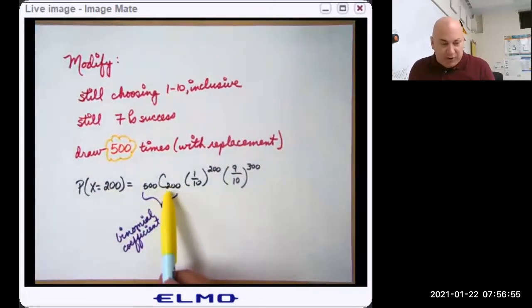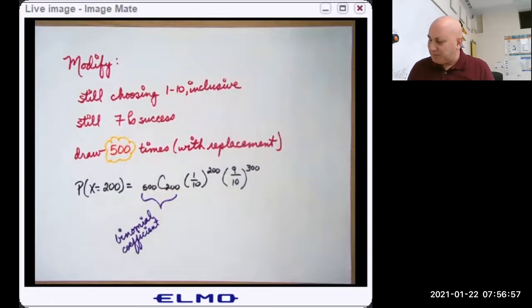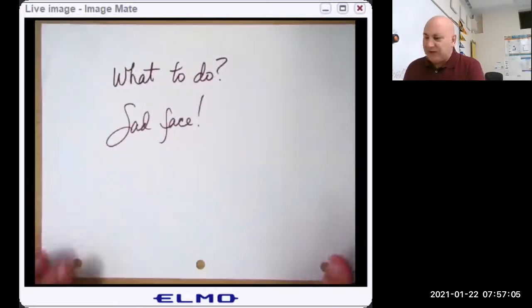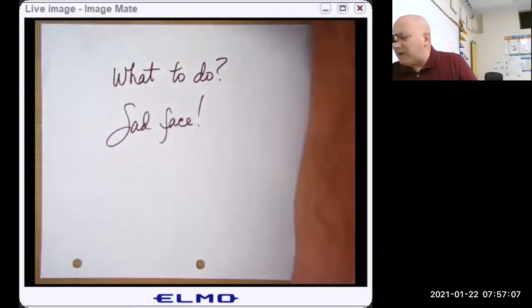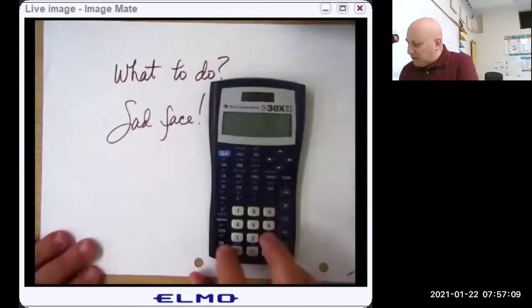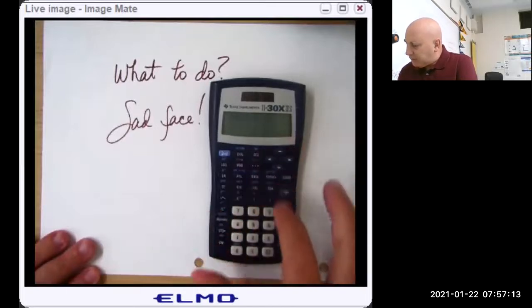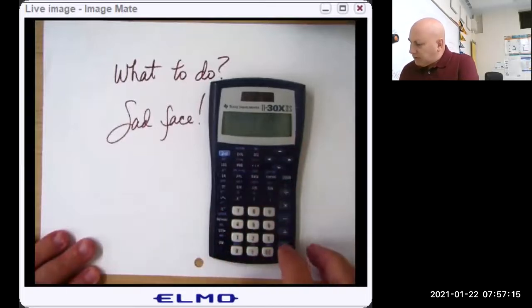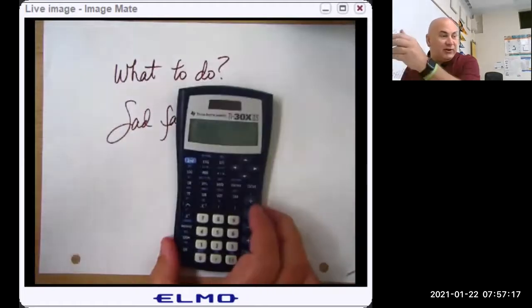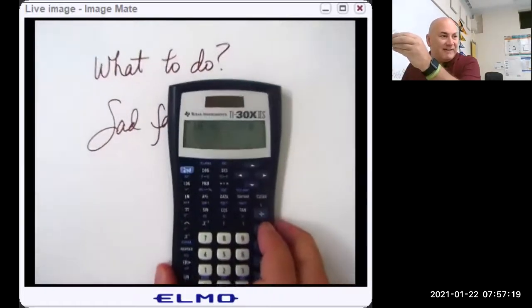And here's where the problem is. What to do? Sad face. Why is that a problem? Why is that a sad face? Well, I'll take out my handy dandy calculator. Zoom in so you can watch what happens here.